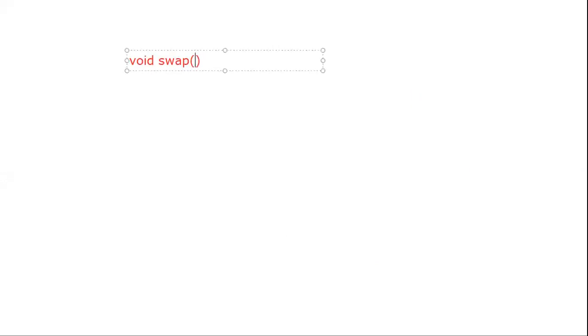Here in this case, we are using pointers. For now just remember that pointers are represented with the help of the star symbol. So int *x, and then the second one is int *y, and then perform the swap operation. The integer variable temp is used to interchange both variables.